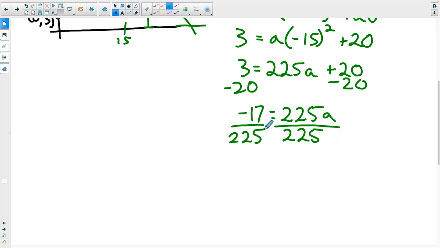Then I just hit the second button, and I hit PRB, which is directly diagonal, and then it shows F to D. And I hit enter, and it spits right back out negative 17 divided by 225. And it does that because it can't reduce that fraction. So this is our simplified form of that fraction. So this is actually going to be a for the problem. It is good to check though, because sometimes they do reduce.